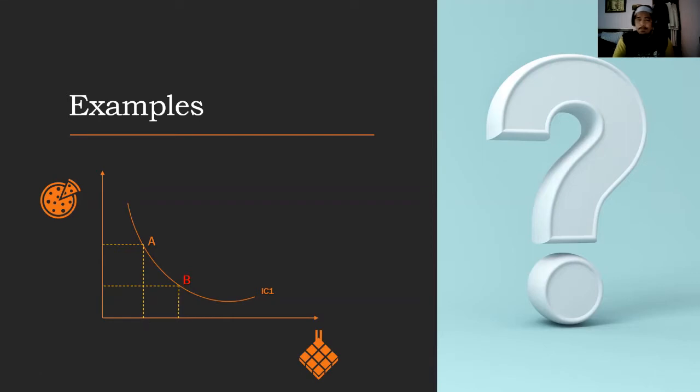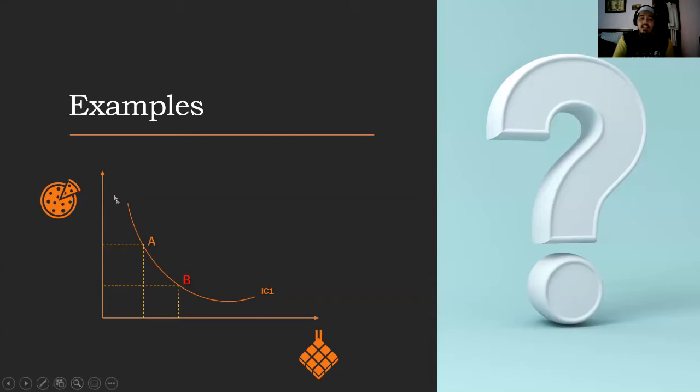I just made up the numbers. So I am indifferent in having 5 pizza and 1 ketupat, and I wouldn't care if I have to give up pizza to get more ketupat. It also gives me the same utility, I mean, the same satisfaction.